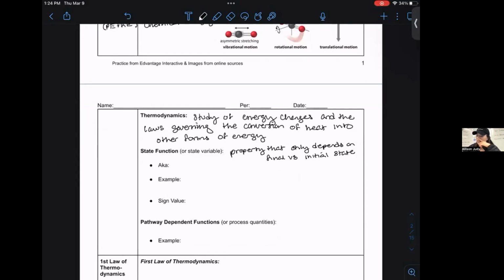A really good example of this is enthalpy. Enthalpy is a very important function or variable that we look at for studying thermodynamics, because it's heat. And it's a state function. When you calculate the enthalpy of a system, it's products minus reactants. We don't actually care how it happens. We don't care anything about the activation energy. All we care about is the difference between final and initial. That's a great example of a state function that's pertinent to our topic of thermodynamics.